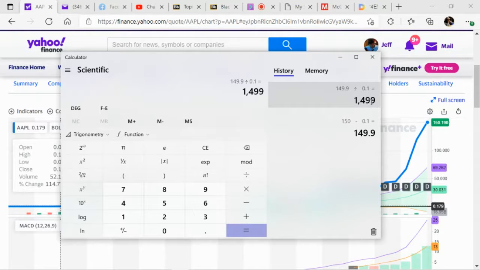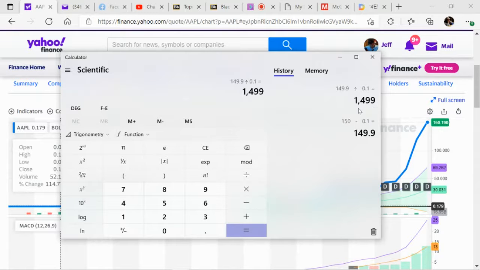149,900%. No matter what, my $100,000 would now be 1,499 times, right?